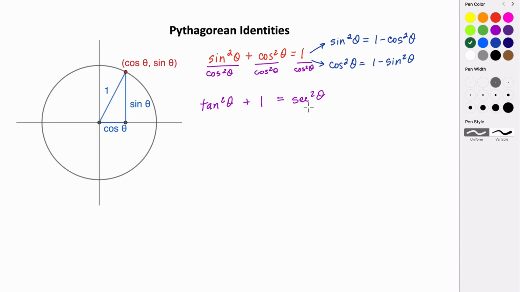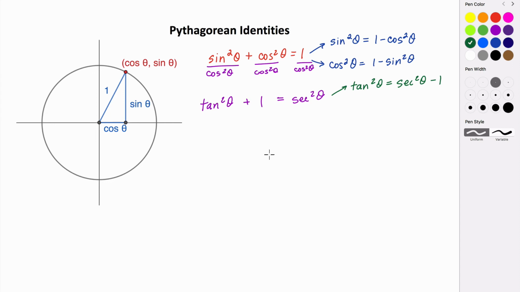And then just like we did with the last identity, we can split this up and get two more identities from it. So in this case, we have secant isolated. Maybe we want to isolate our tangent. So we can subtract 1 from both sides to get tangent squared by itself. So it would be tangent squared theta equals the secant squared theta minus 1.